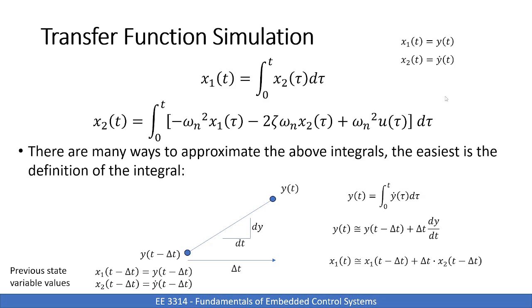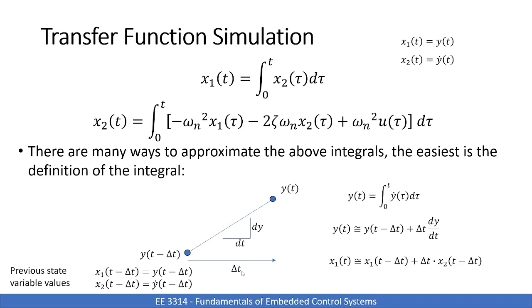Okay, so I've written that up here. There are several ways to approximate integrals, but the easiest is really just the definition of an integral. If we have a previous point and we have a slope and a delta t, then the new value of a function is going to be the previous value, plus this dy dt times this change in time, right?